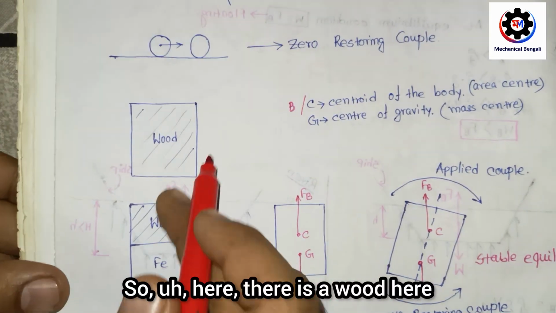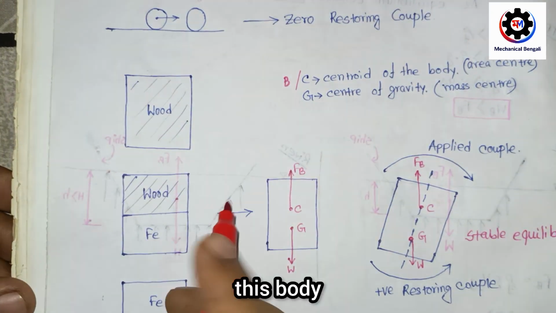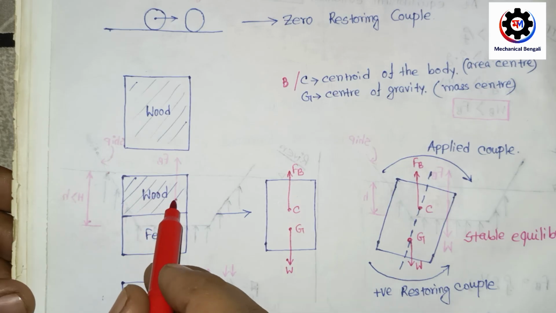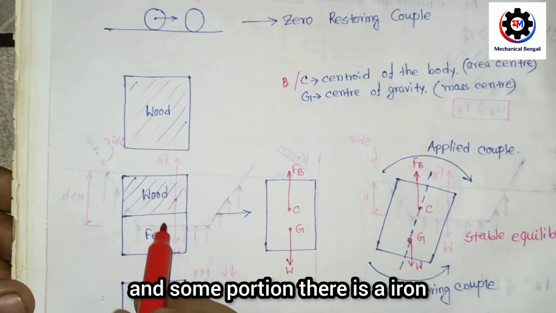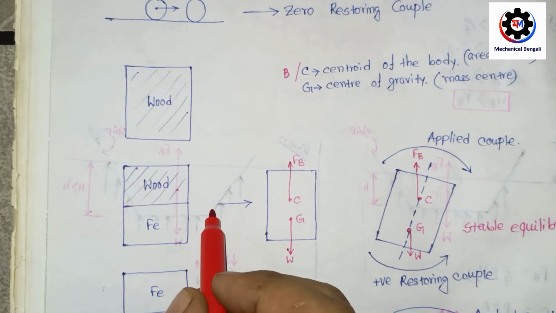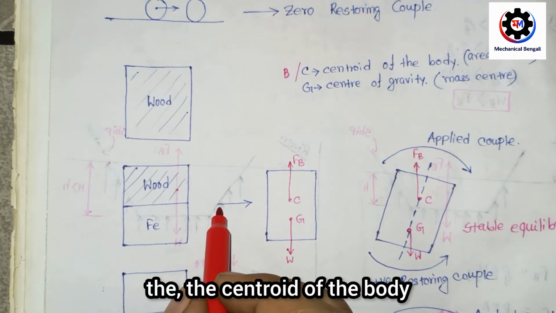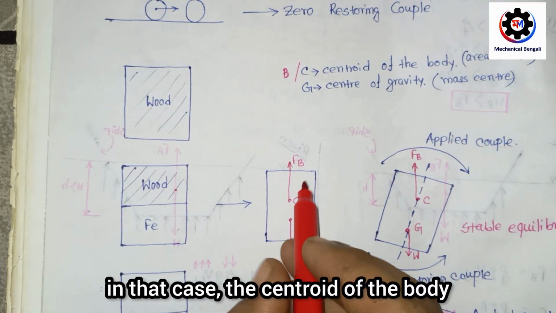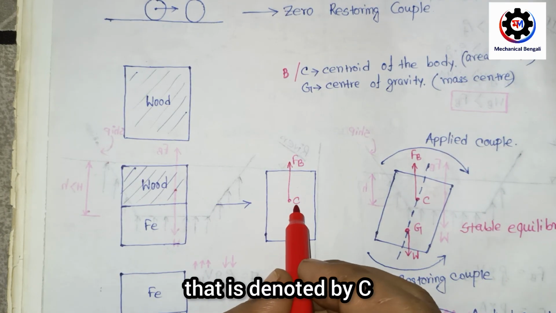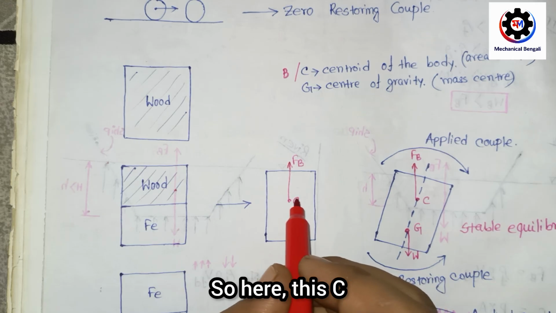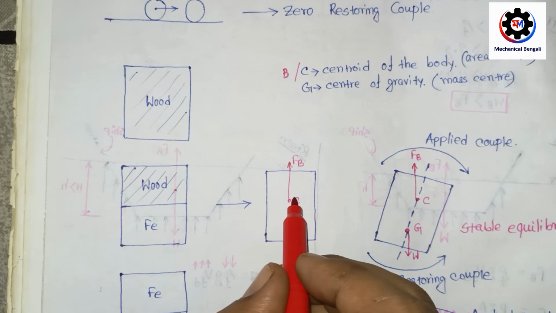So here there is a wood. This body has some portion made of wood and some portion of iron. If you want to calculate the centroid of the body and the center of gravity, the centroid of the body, denoted by C, is always above the center of gravity G. So C is known as the centroid of the body or area center.